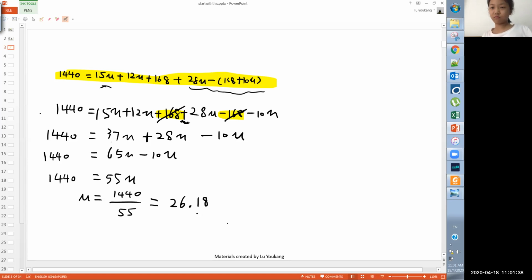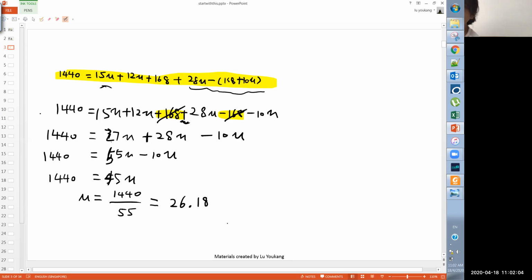So clearly this is not the answer I want. 这个答案不正确，OK？我发现我又犯了一个错误，就是这边15U加12U应该等于27，所以这边应该是45.